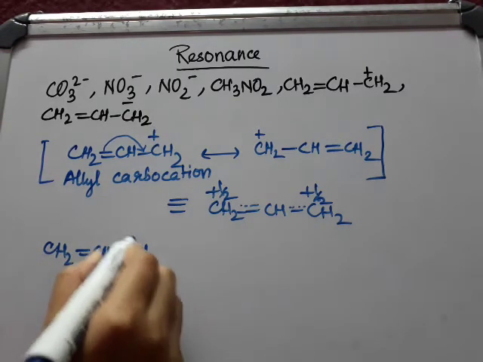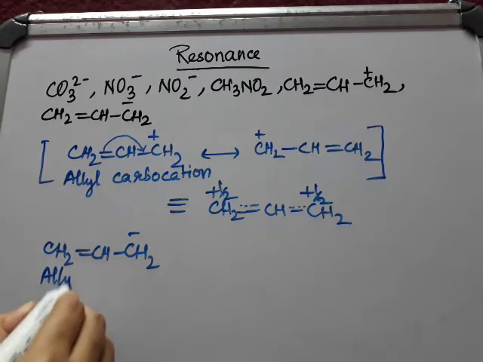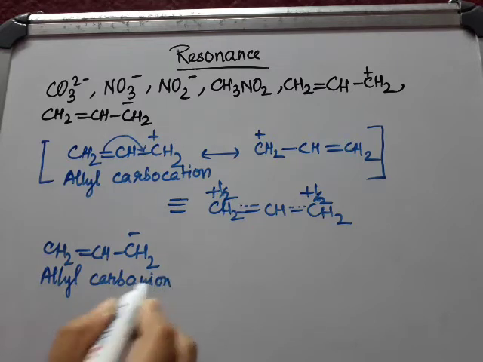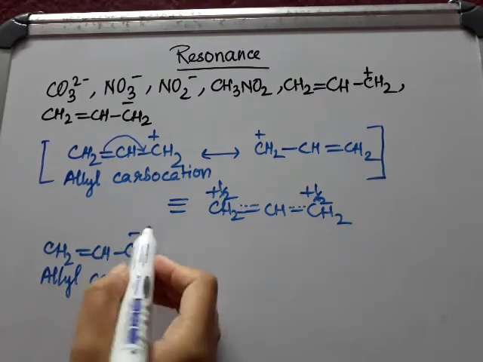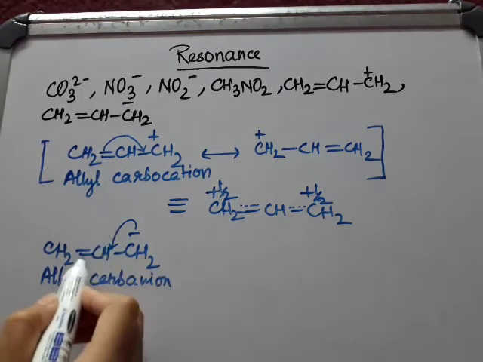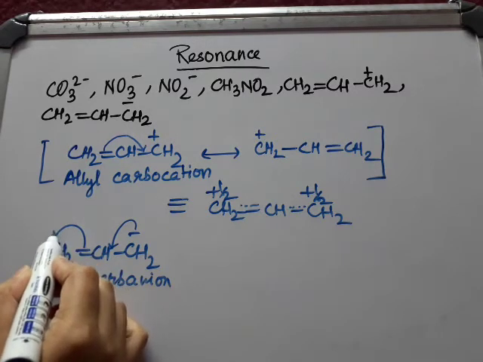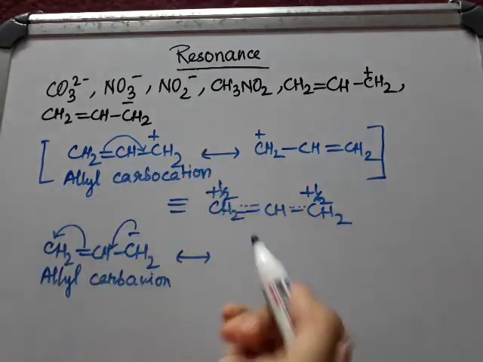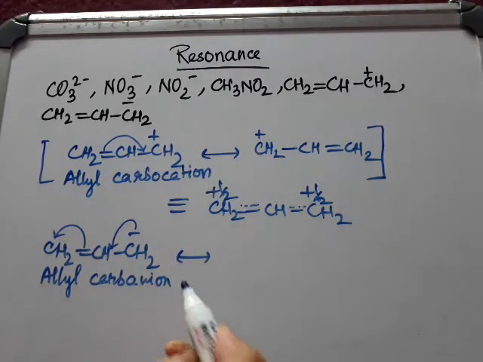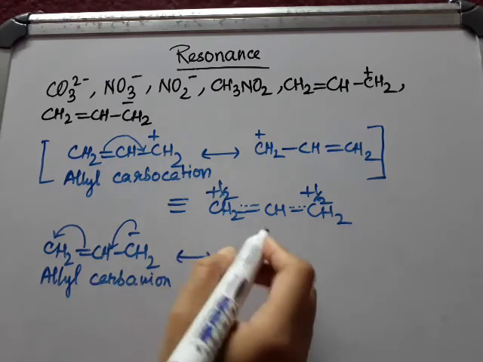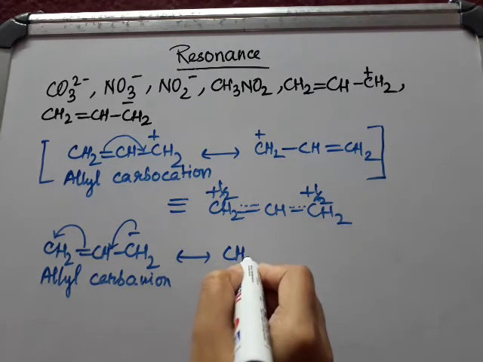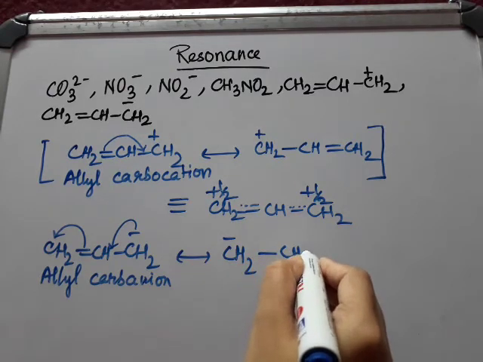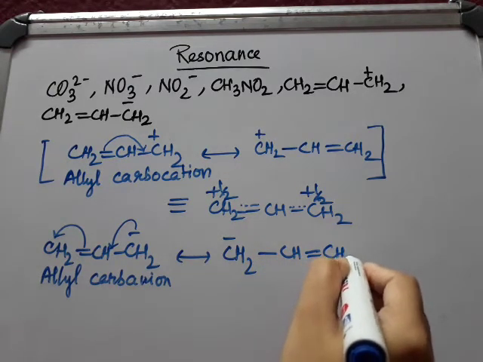This is allyl carbanion. So this negative charge is also in conjugation with that system, and this will shift. Being a charged species, allyl carbocation or allyl carbanion should be reactive, but due to resonance there is a chance of neutralizing their charge or gaining stability.